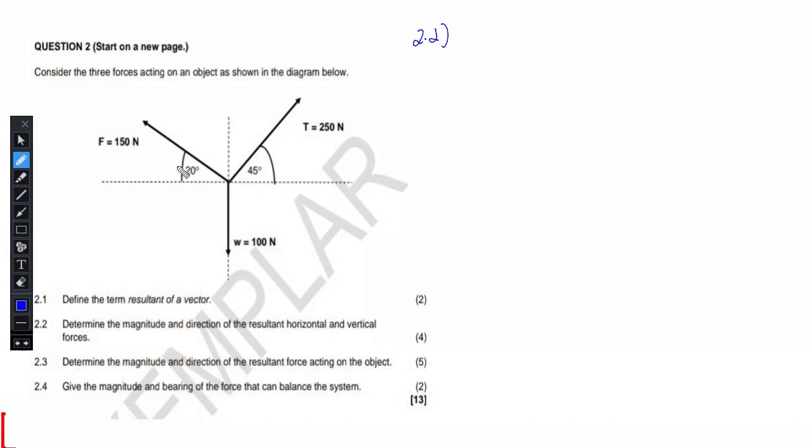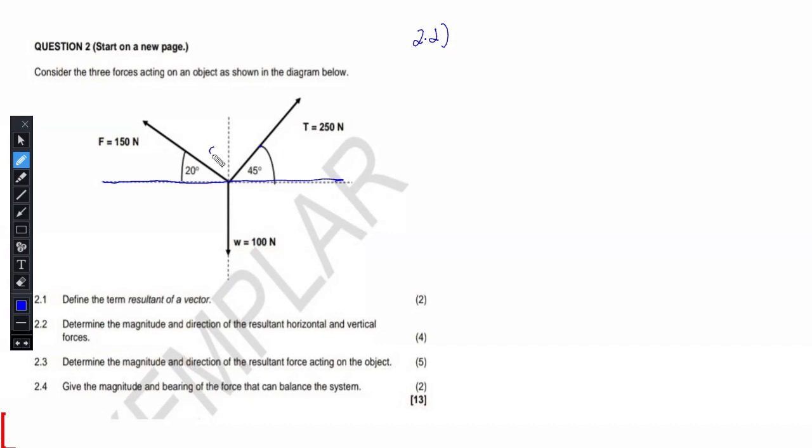But also be mindful to check if your angle is given in the right position. You should always make sure that your angle is between the horizontal line, the x-axis, and the diagonal force in question.